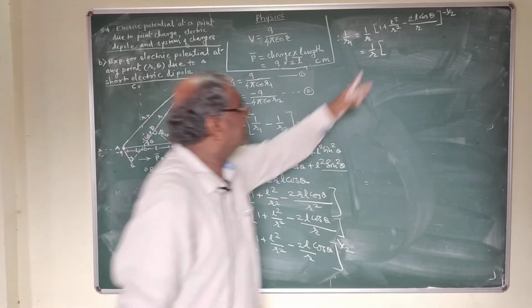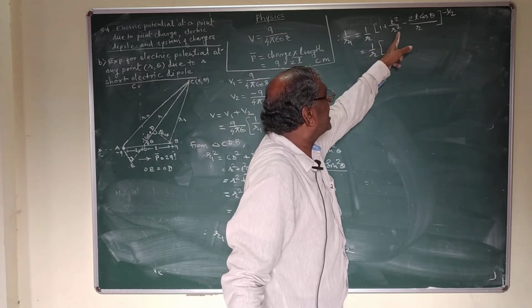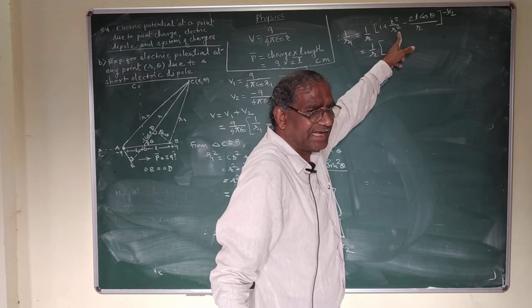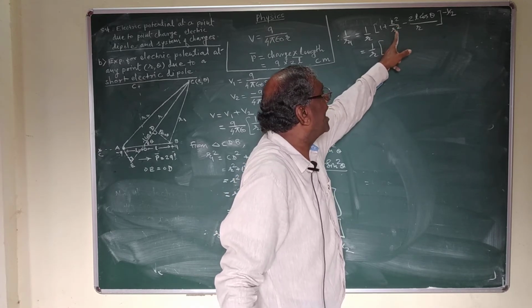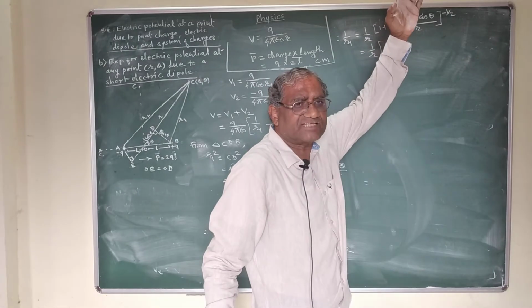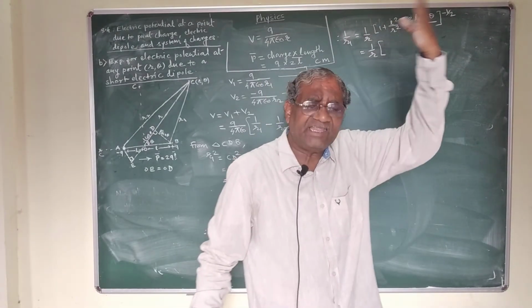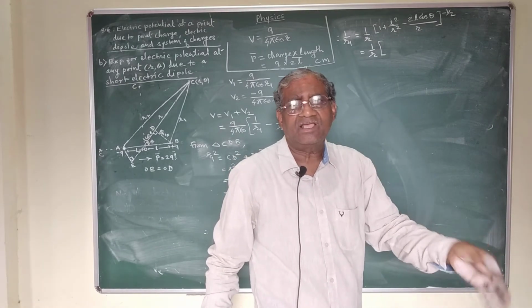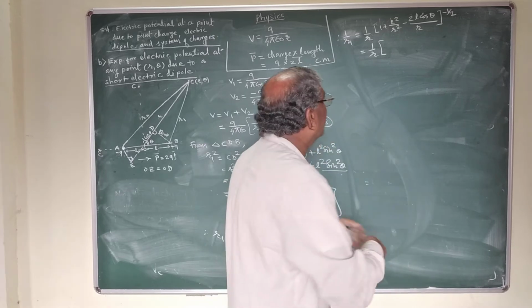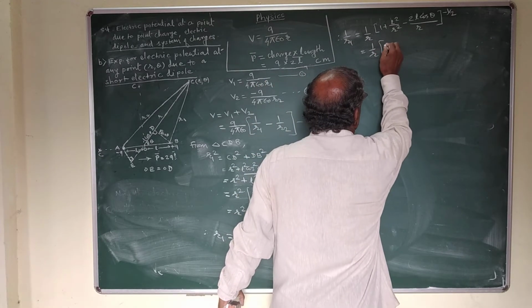So this term L square upon R square is negligible as compared to R. R is very large, so square of a large quantity is again very large, and square of a very small quantity is again very small. Hence this term can be neglected.